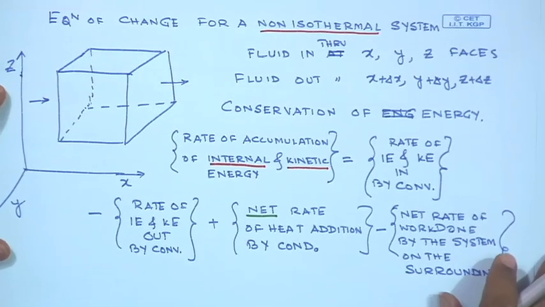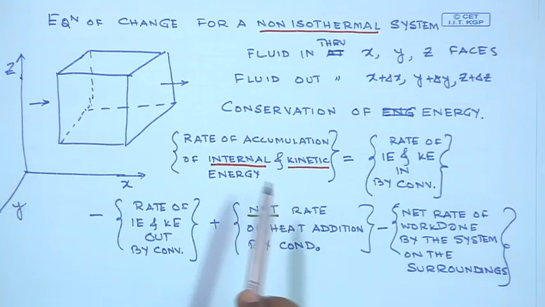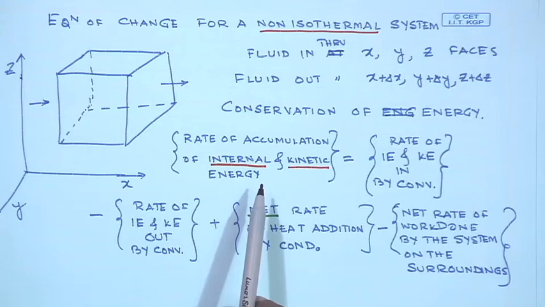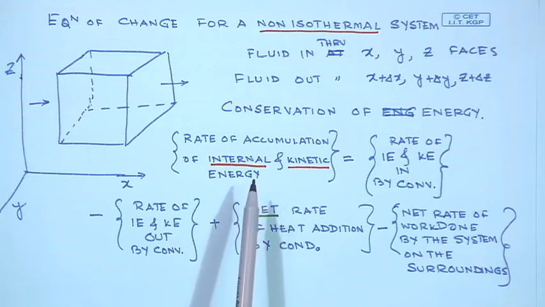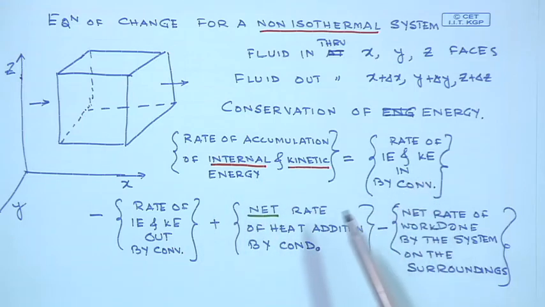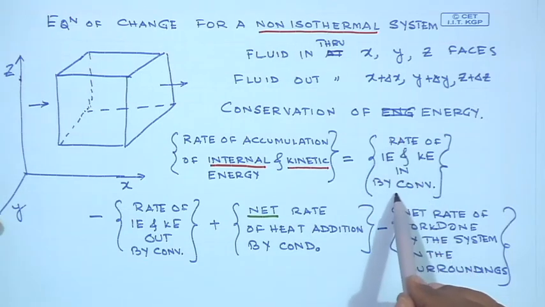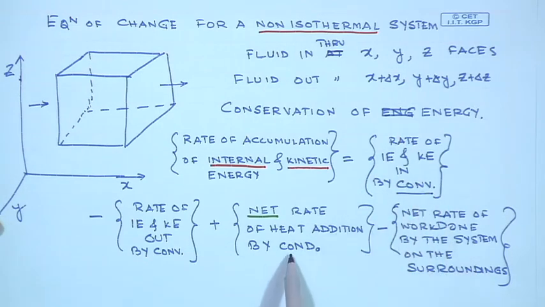So, let us see once slowly what we have done. I am writing the energy conservation equation, which simply says that the rate of energy in, and by in I understand that it is going to be convection and conduction, minus rate of energy out by convection and by conduction.